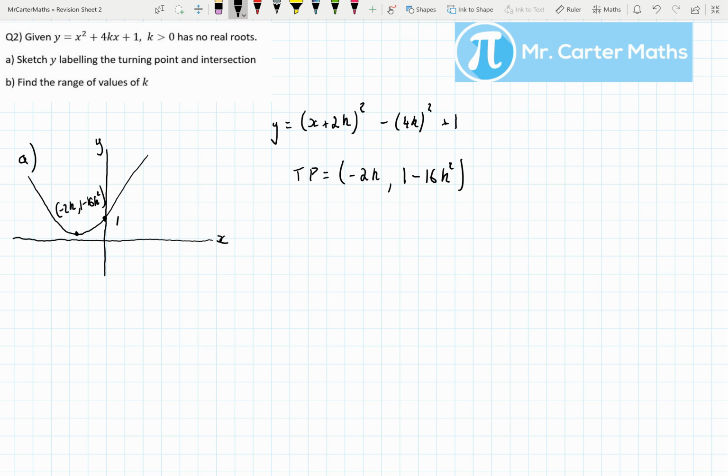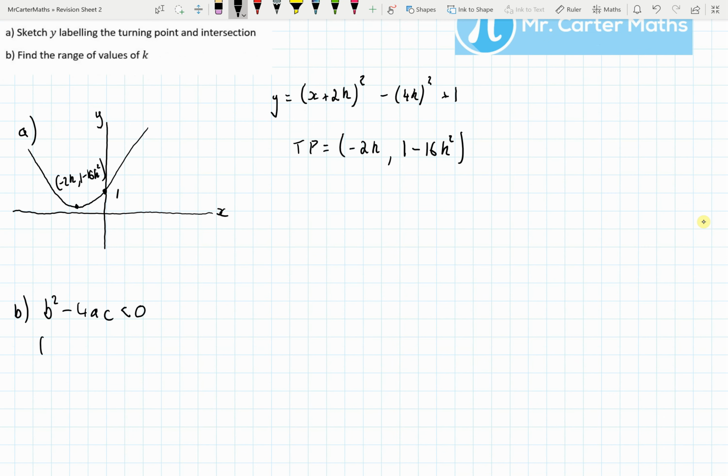Okay, so that's part A. Part B, find the range of values of k. I know that k is positive, because it's greater than 0. I also know that this quadratic has no real roots. If the quadratic has no real roots, I know that b squared minus 4ac must be less than 0. b is 4k, so I've got 4k all squared minus 4.